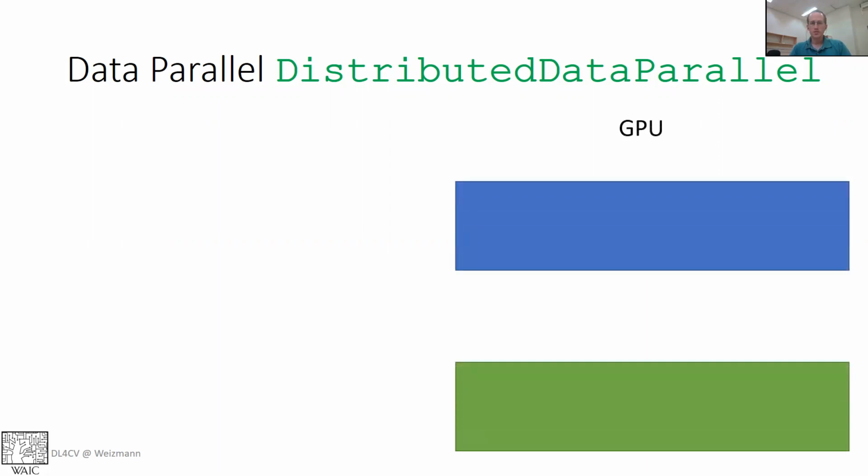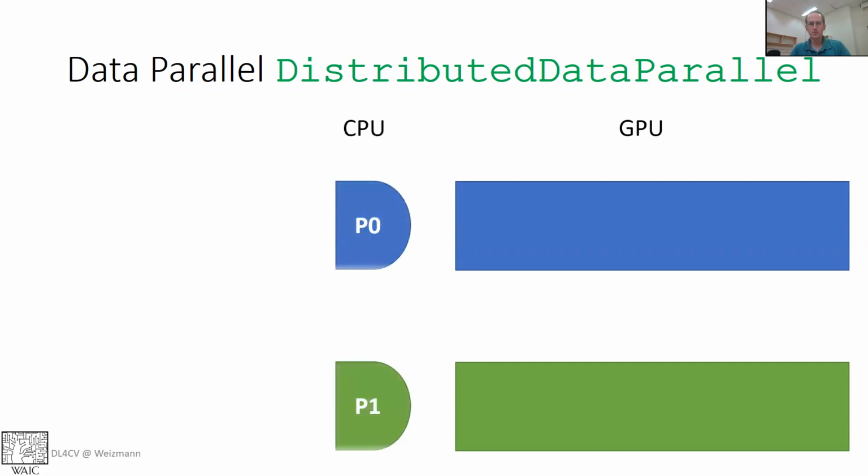So if we previously considered only 2 GPU devices, we now need to consider also different CPU processes. Each process is associated with one of the devices, so each process sees one GPU. And the processes, unlike threads, operate as 2 independent programs on the machine.